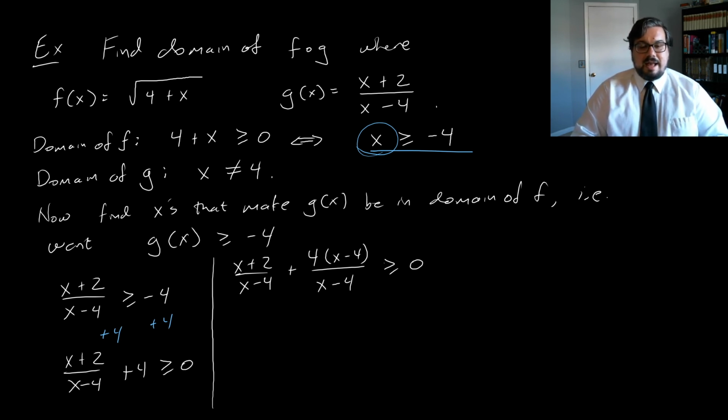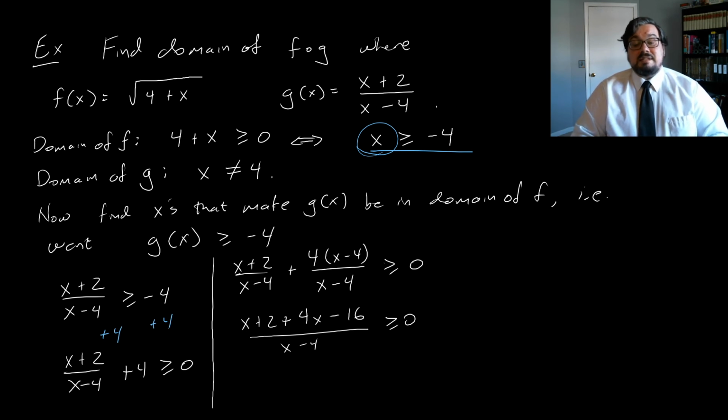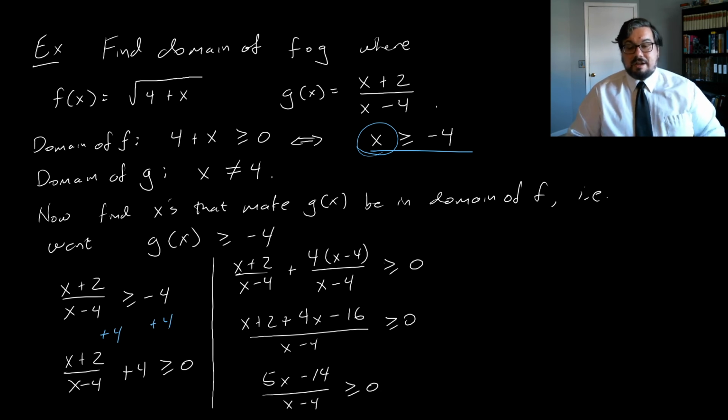And if we add these together, we'll get x plus 2 plus, distributing this 4 through, 4x minus 16, all over x minus 4, is greater than or equal to 0. You can see that this process can take a little bit. So we get 5x, and then plus 2 minus 16 is minus 14, over x minus 4, is greater than or equal to 0.